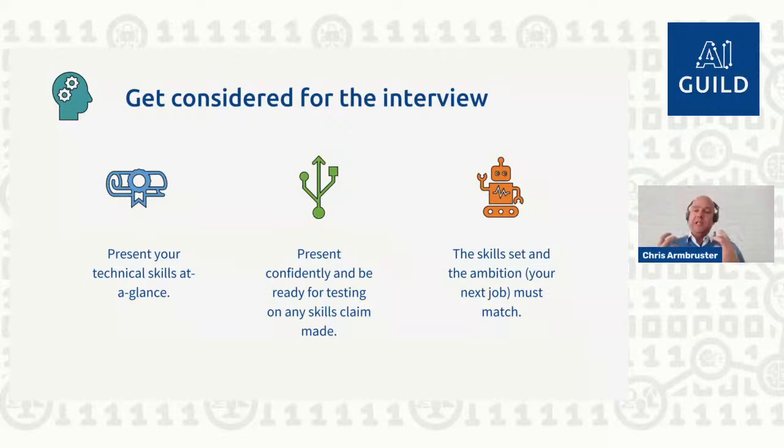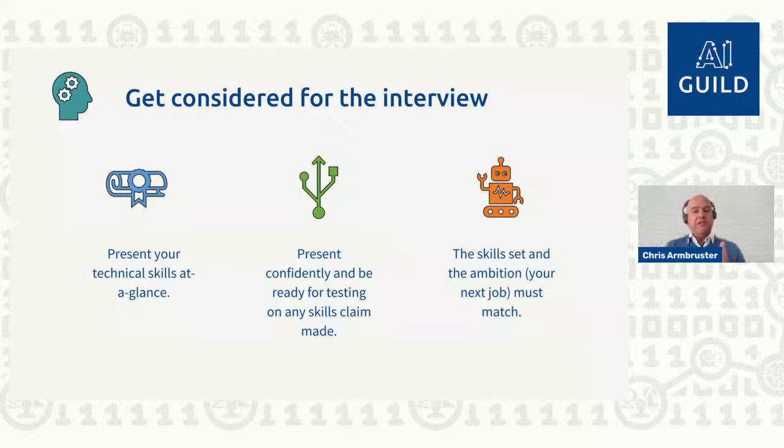Therefore, it needs to be a component right at the top of your CV. It makes sense on LinkedIn to stick it in the About section, your technical skills profile at a glance. You then, of course, need to consider what you include in it. The example I showed you was fairly limited, but I think that's actually why it works.